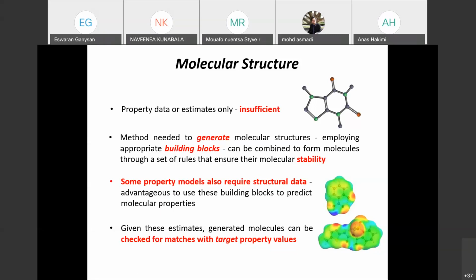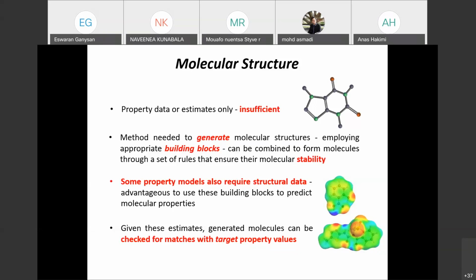So you have to remember this: once your data is not sufficient, you can generate it by yourself, but you have to check or verify your data. Generally, if you want to verify, you can use an experiment. This one is for the molecular structure.